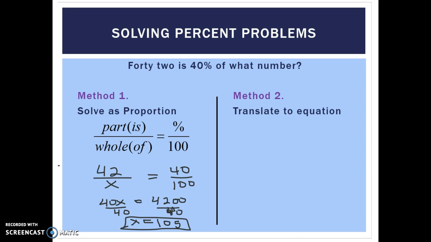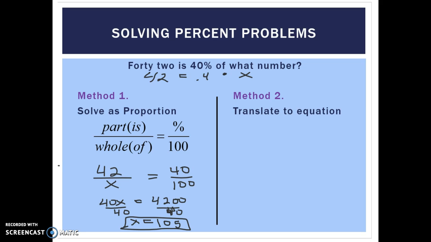As an equation, translating to an equation, simply writing it 42 is 40%, so 0.4 times x. So translating each of those words, is equals, change your percent to a decimal, and of means to multiply.